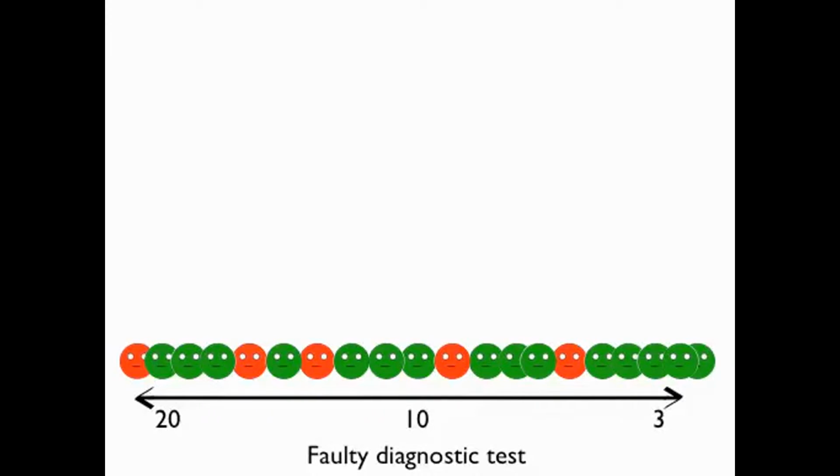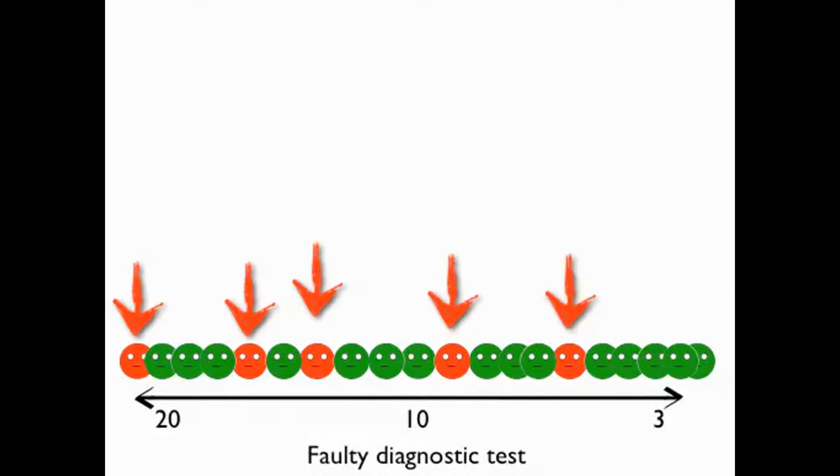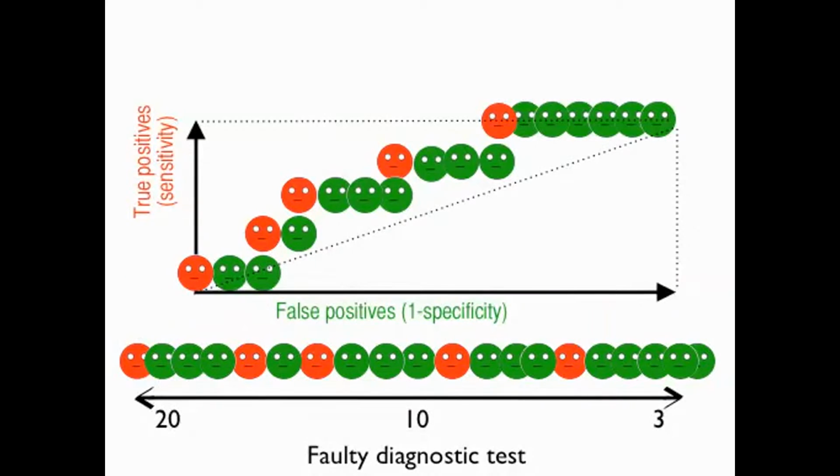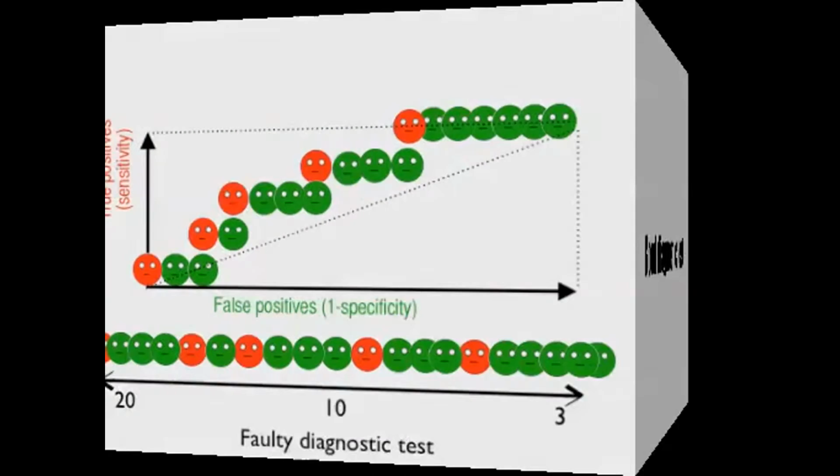Now imagine a faulty diagnostic test, just to compare. With a faulty diagnostic test, we have this distribution of patients. As you can see, there are diseased patients distributed among healthy patients, so we cannot differentiate between healthy and diseased patients.